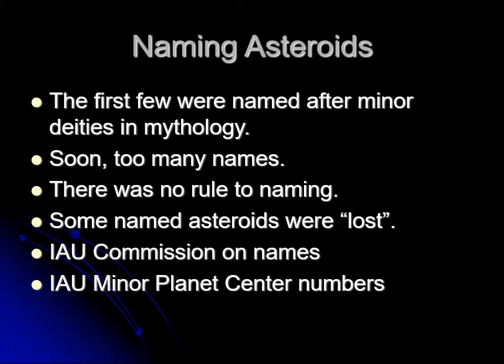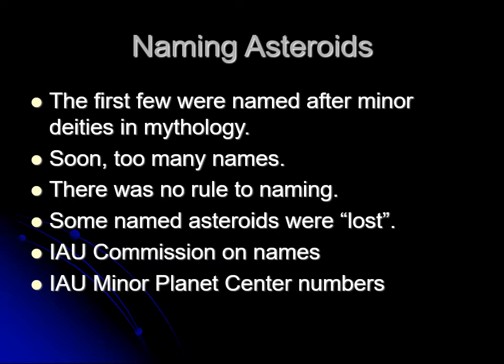Eventually, though, they realized there needed to be a unified way of doing this. So in the early part of the 20th century, the International Astronomical Union decided that they can't just have everybody naming things. And so they established a commission on names. So the IAU is the only ones that can officially name something. You discover a star, you don't get to name the star.